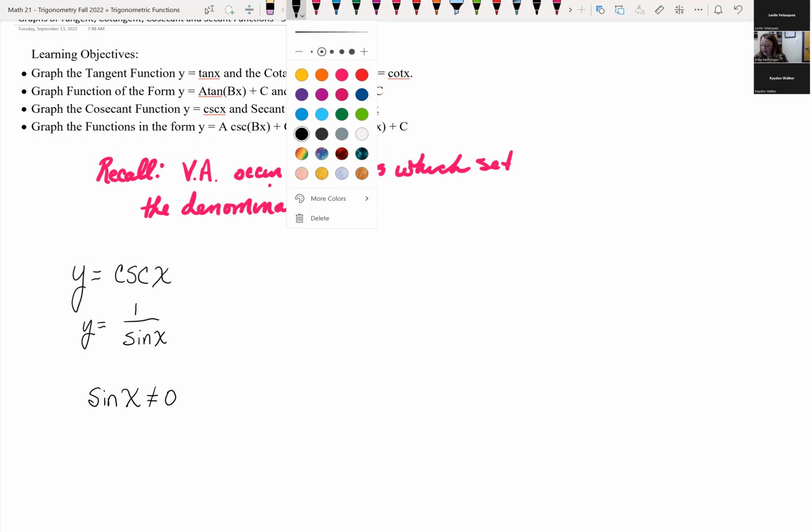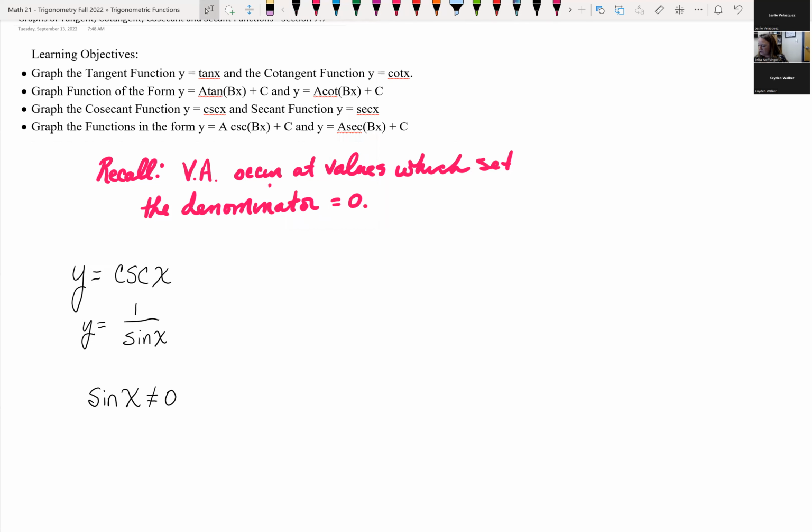What values of x? And if it helps you to look at the unit circle, then go ahead and do that. So recall that sine of x was equal to the y value on the unit circle. And so the y value is equal to 0 when we're hitting this x-axis on the unit circle. And so there's multiple values which set that denominator equal to 0.